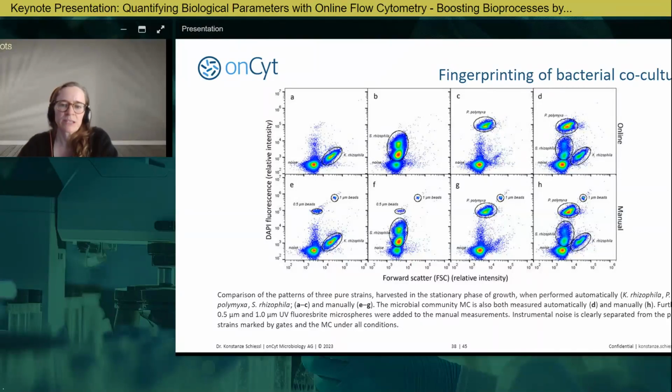And these populations are A and E, this is the same strain, but one's measured online and one's manually prepared. And in the end, as you go along, you see the different strains that we measured, and we were able to automate this protocol in a way that the online and the manual really gave the same results.